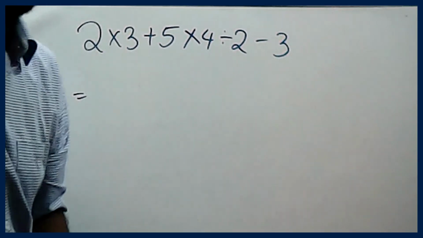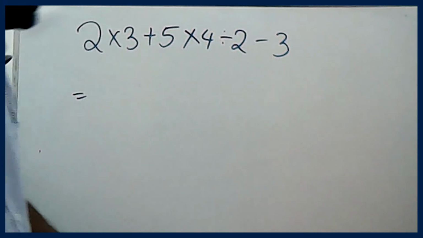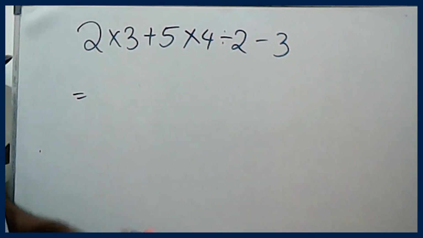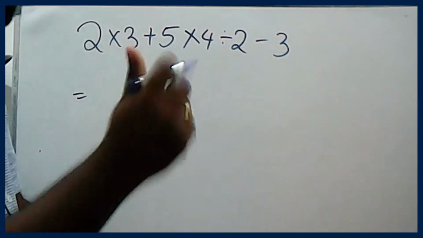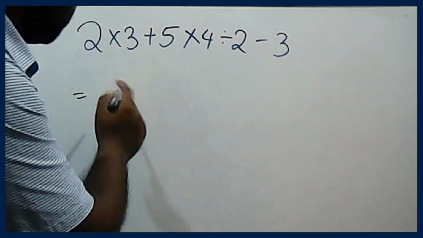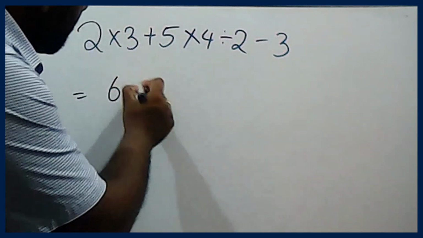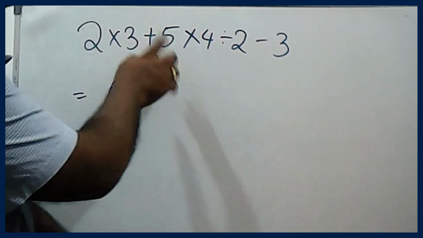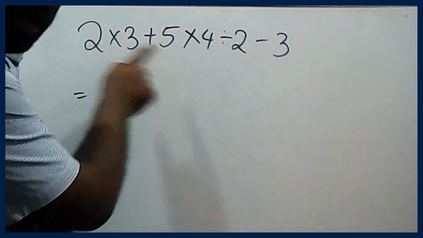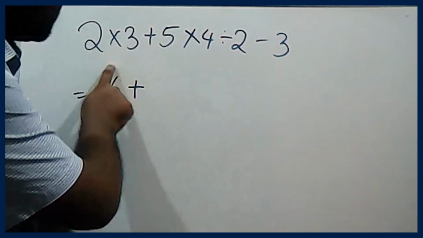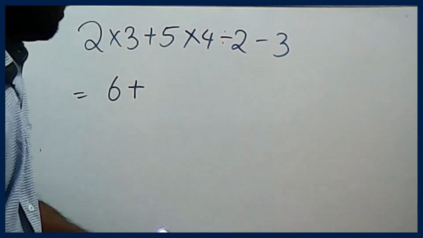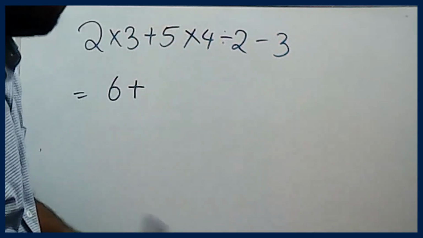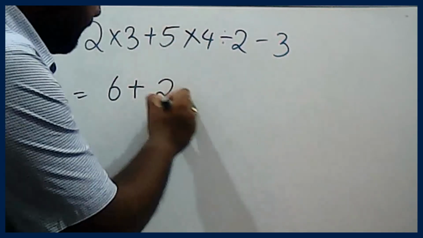So what is the answer for this? First, as I said, you have to do multiplication and division. 2 into 3, 6 plus. And after that, you can't add this 5 to 6. You have to do this multiplication first. 5 into 4, 20.